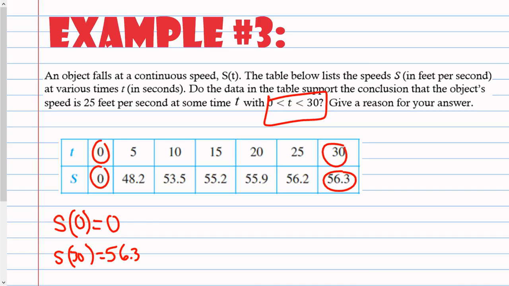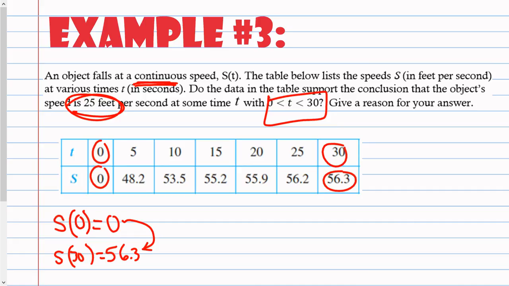So the question would be, if I go from a speed of 0 all the way to a speed of 56.3, and this is a continuous function, then I must pass through 1, 2, 5, 15, 20, 25, 30, 33, 39, 45, etc., right?